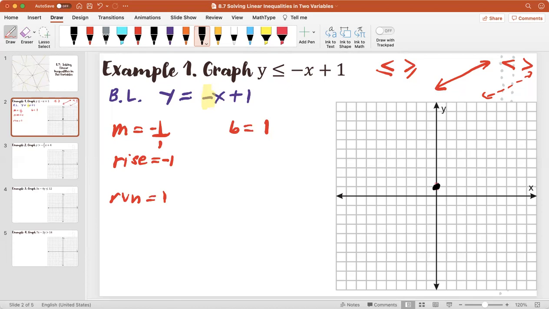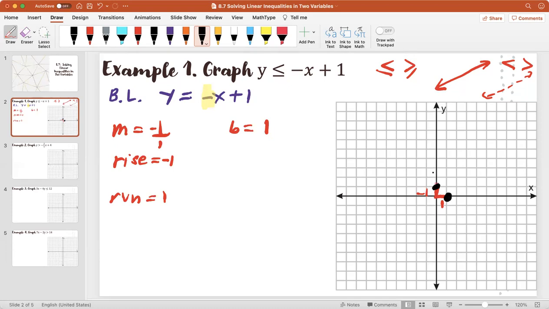Down how many units? That will be 1, negative 1, and then the run, to the right. And then what do you think is this point? 1, 0.